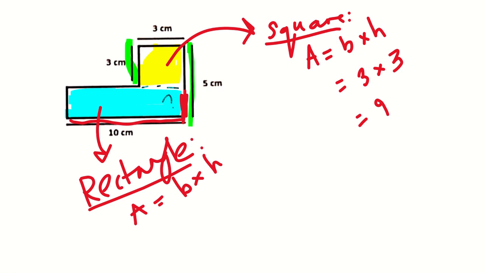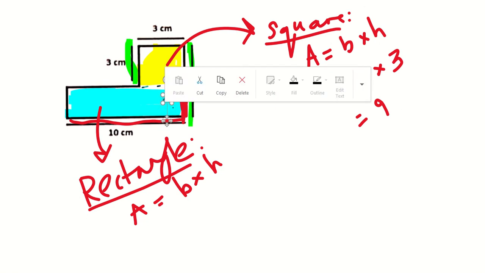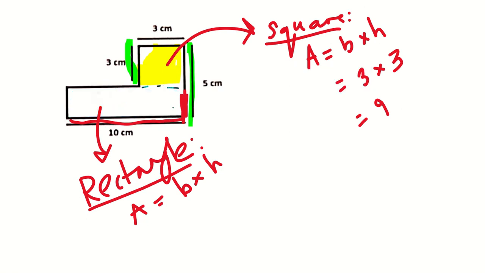It would be 5 minus 3 to give you that missing length, which happens to be 2. This length right here is 2. And so for our base times height, we have 10 times 2, which is 20.